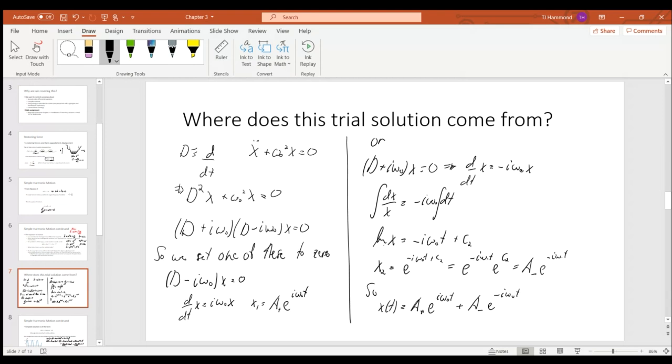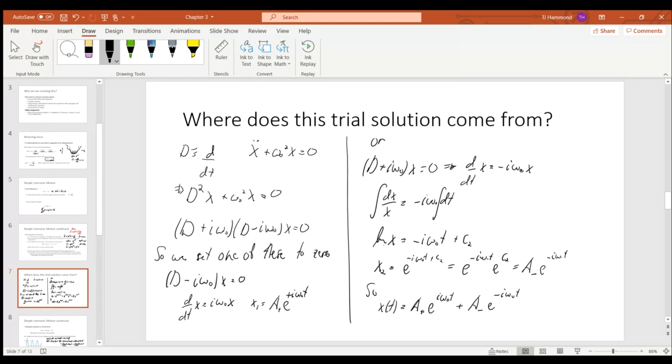So we have dx/dt is equal to i omega naught x. In the next one I explain a little bit more clearly, but this gives us a solution of x1 is equal to a plus e to the i omega naught t, where a plus is some amplitude, and we're giving it the positive root here because this is plus i omega naught t.